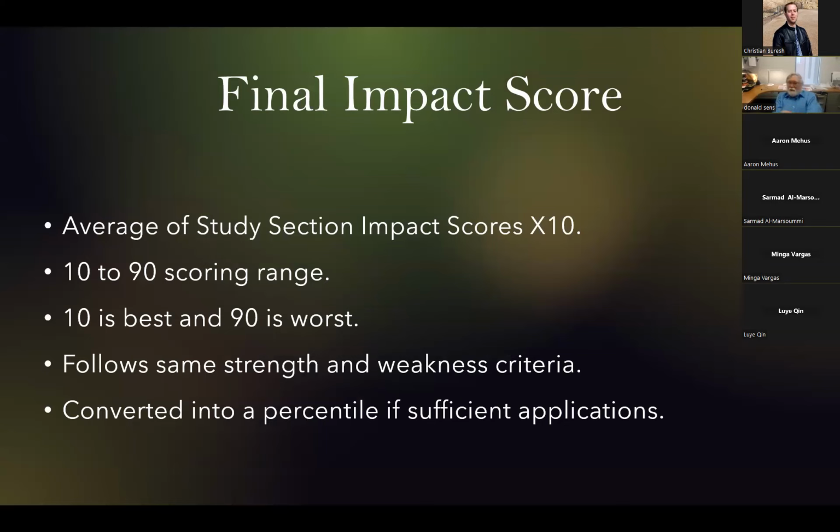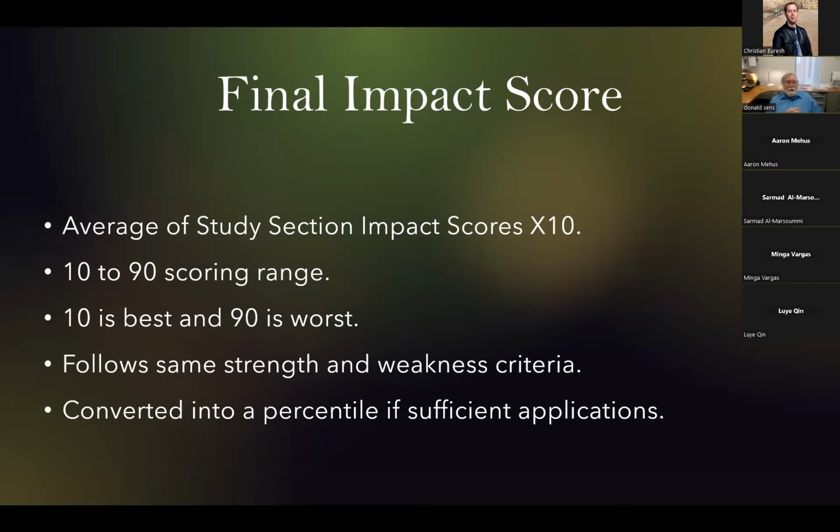Follows the same strength and weakness criteria that we went over in the first slides, okay? And that score is really important on how your grant did, but it will be converted into a percentile if there's sufficient applications. So you will see an impact score and you will see a percentile score for that application.